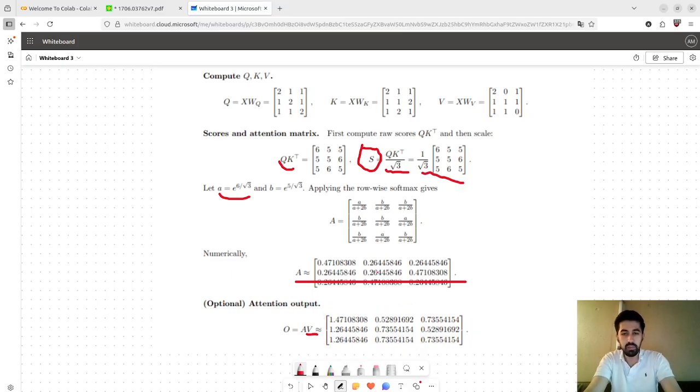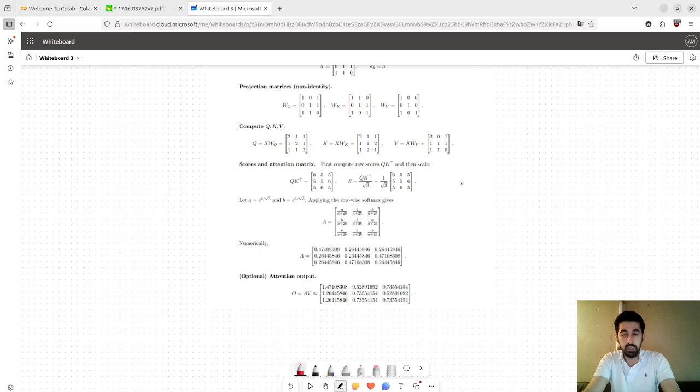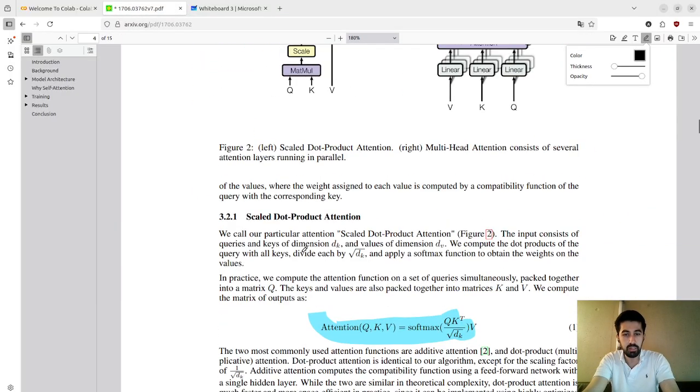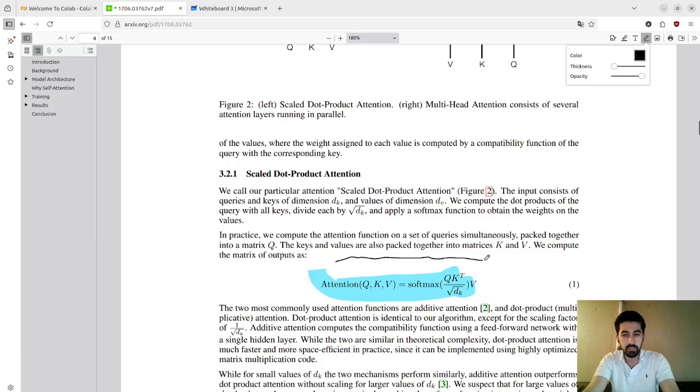So very quickly, I will go over it again. You need to calculate the query, the key, and the value to apply the attention formula over here. Softmax of query multiplied by transpose of key over radical, the size of your vector, multiplied by value. And you do a softmax of the first part, then you multiply by value.